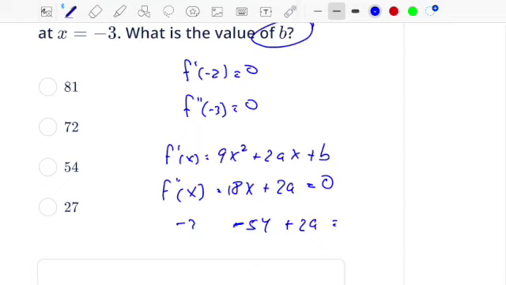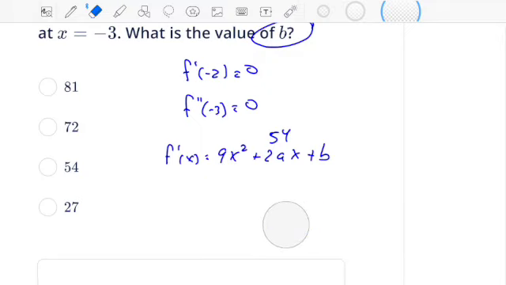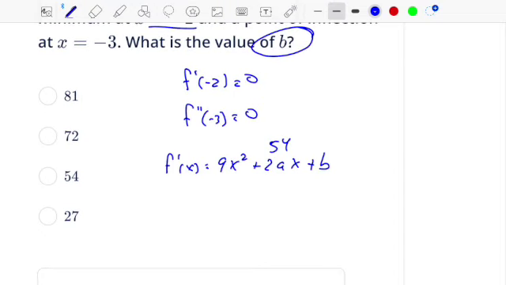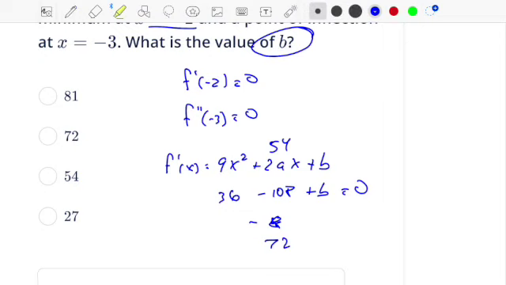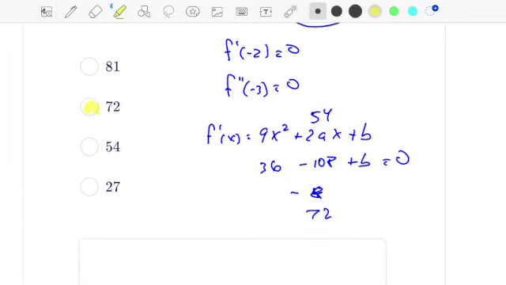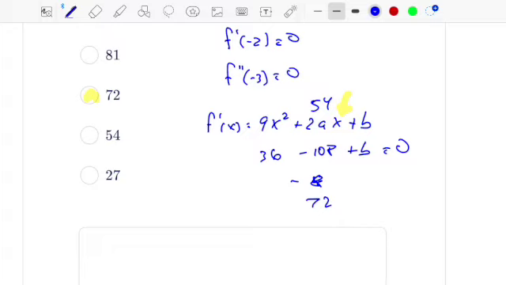So a is 27, and 2a is 54. Oh, multiplied by -3, missed that bit. No, multiplied by -2. So that's minus 108. It's 36 minus 108 plus b is equal to 0, so b is going to be -72. A little arithmetic, I missed the multiplying by -2 there.